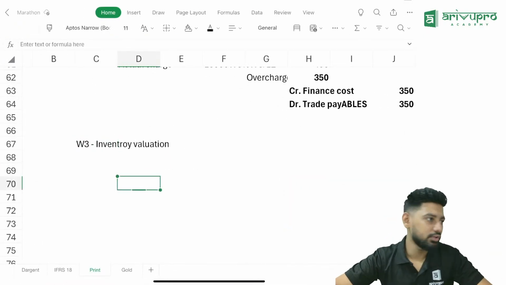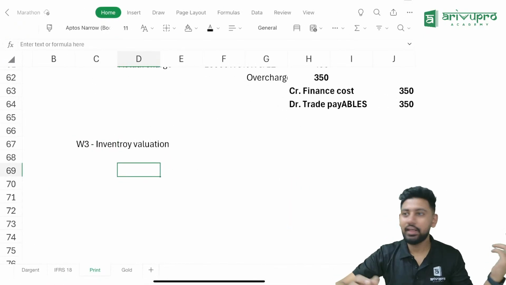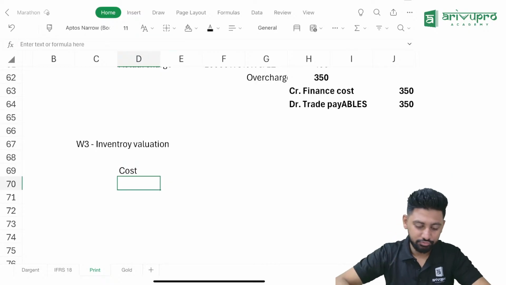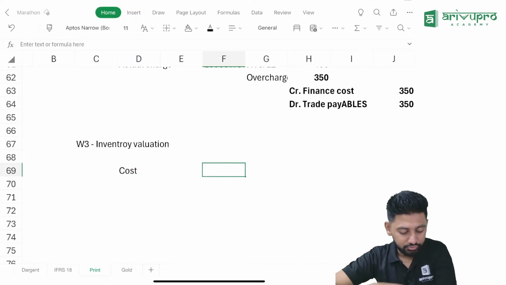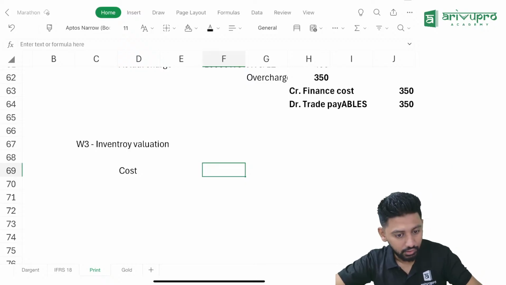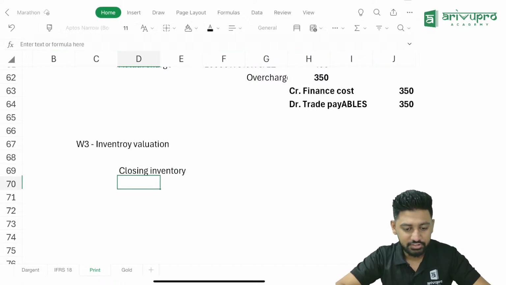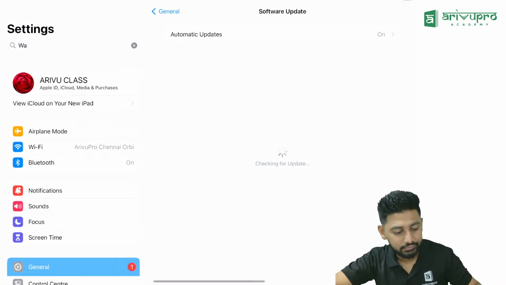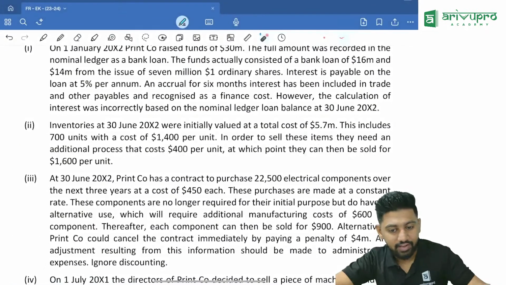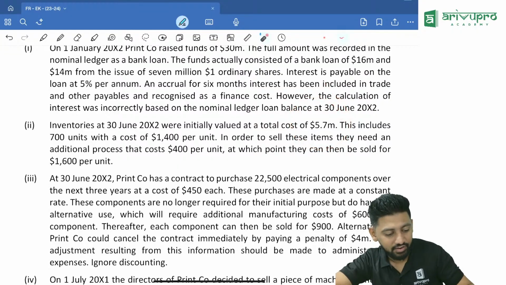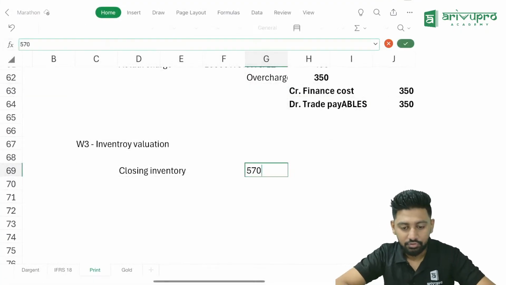Inventory valuation. Okay, when you take inventory valuation, you have the cost of the inventory. They say cost of the inventory. Already you have inventory valued at, closing stocks valued at. So closing inventory valuation is given to us already. They say the value is 5.7 million, 5,700.